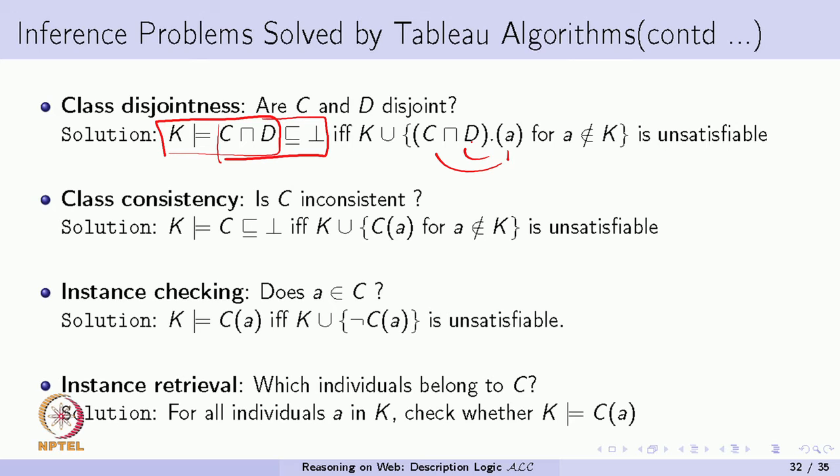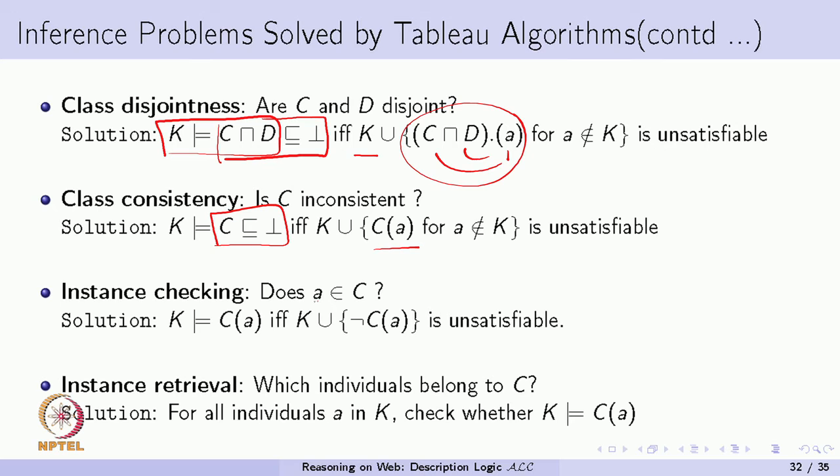If K union this statement that there is some A which belongs to both the sets becomes unsatisfiable, that means that you have shown that C and D were disjoint. In a similar fashion, if you want to show whether a class is inconsistent, which means it is an empty set, you can show that there is some A which belongs to the class. If you add that to the knowledge base, then the whole thing will become unsatisfiable.